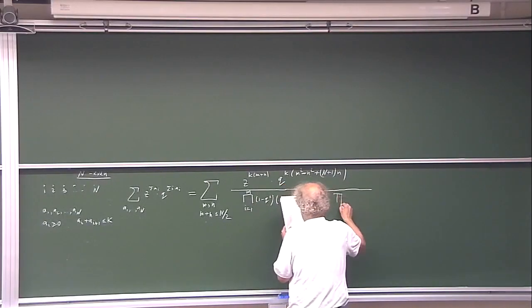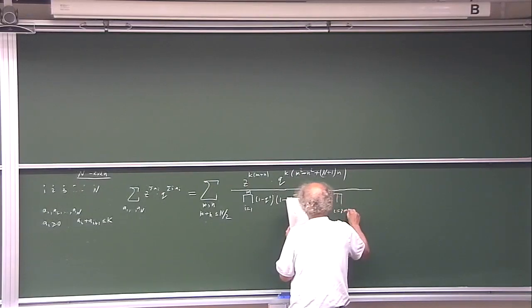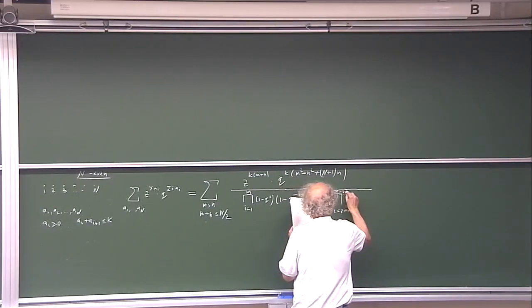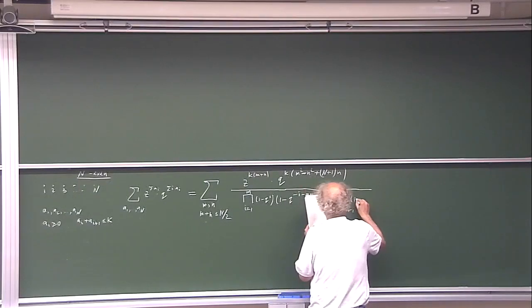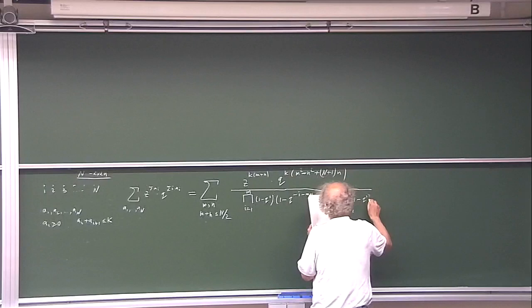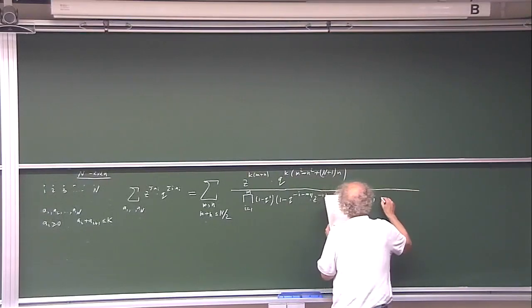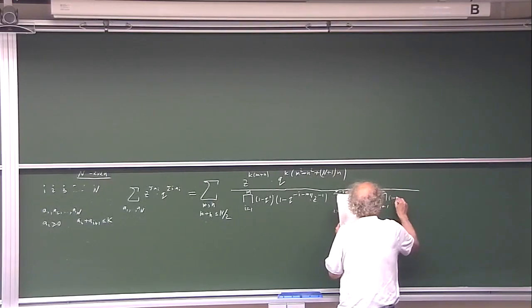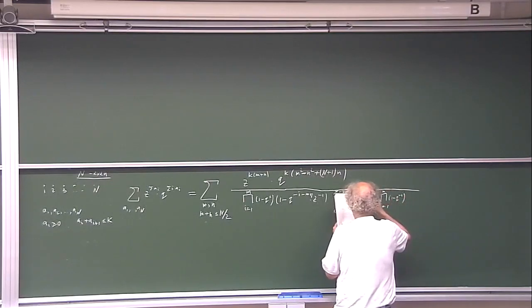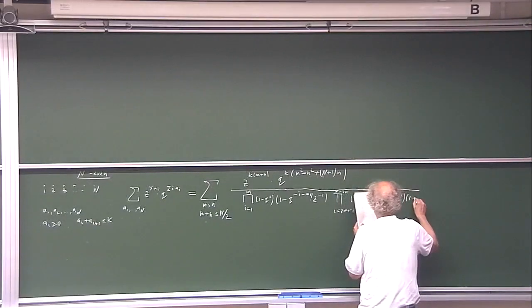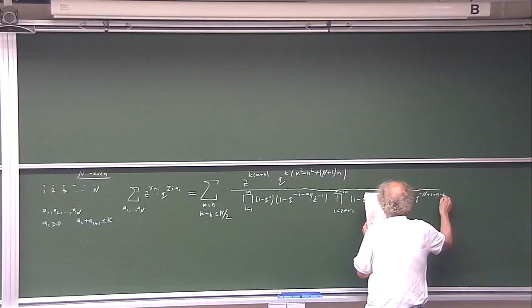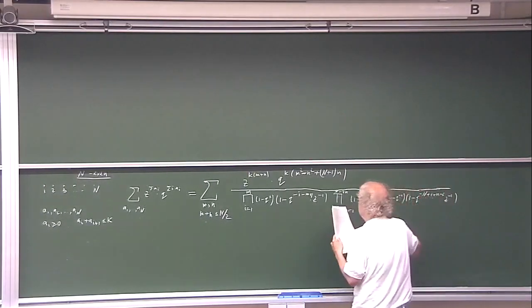We have also here the product I equal to m plus 1 to n, 1 minus q to the I z, product I equal 1 to n, 1 minus q to the minus I, and the last term is 1 minus q to the minus n plus I plus n minus 2 z inverse. So this is all.